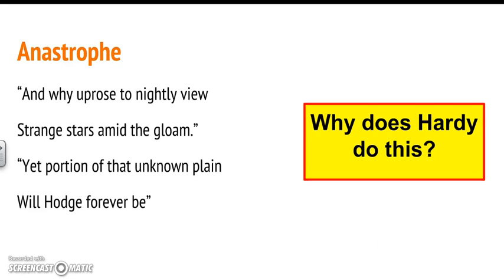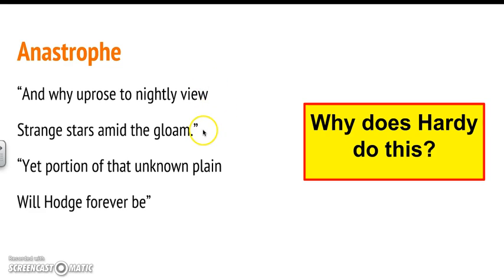Astrophe in this poem is used in two places. "And why uprose to nightly view strange stars amid the gloam?" The last two lines of stanza 2. "Yet portion of that unknown plain will Hodge forever be." The first two lines of stanza 3.